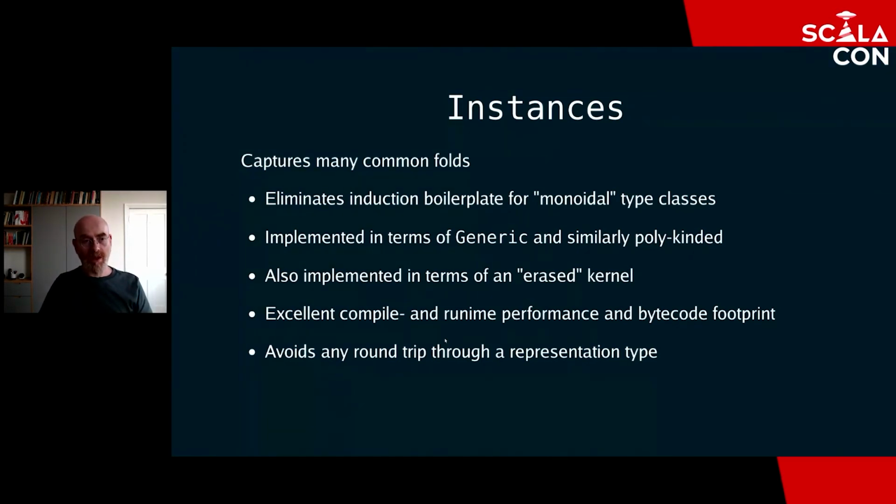The approach I came up with was one which tries to capture the common patterns of induction, which typically, at least for the primary cases of type classes, the kinds of type classes you see in libraries like cats, the kinds of patterns of recursion you see in those are very regular, and we can extract out common patterns which can be used to provide implementations for a significant number of these.